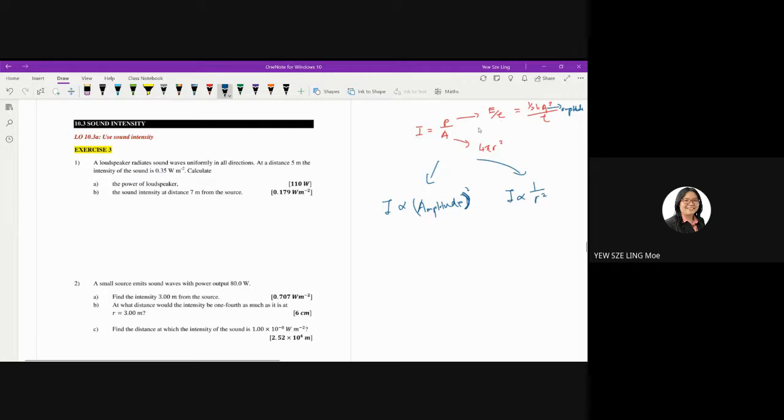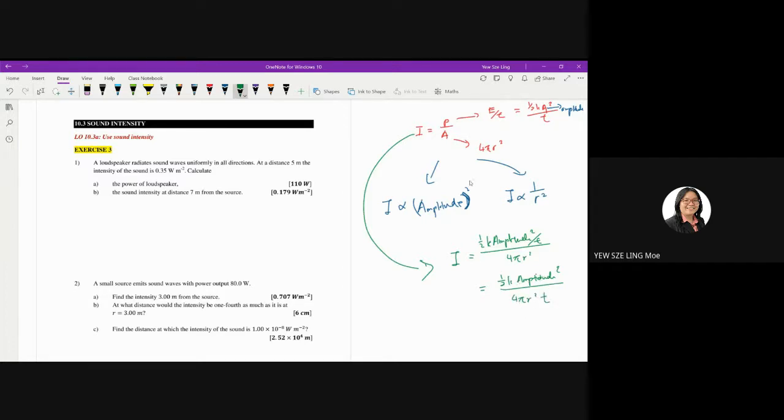If you plug these equations in and derive it, you obtain I equals 1 over 2 K amplitude squared over 4 pi r squared, over T first. So this is equal to 1 over 2 K amplitude squared divided by 4 pi r squared T. So this is the equation.